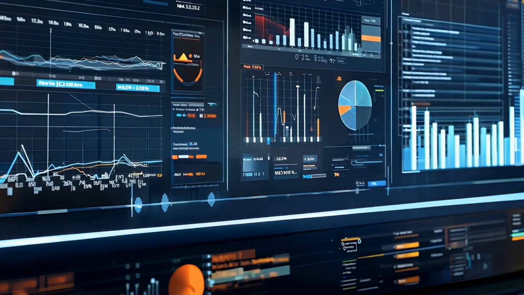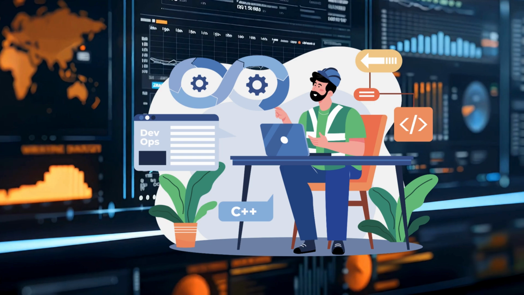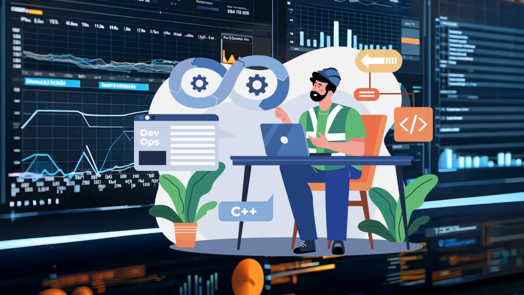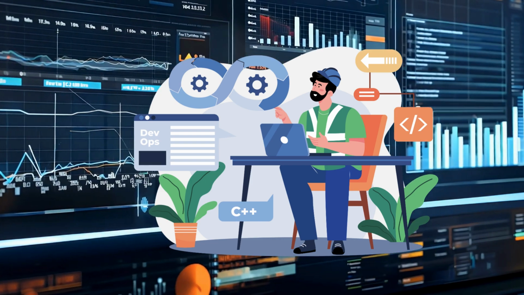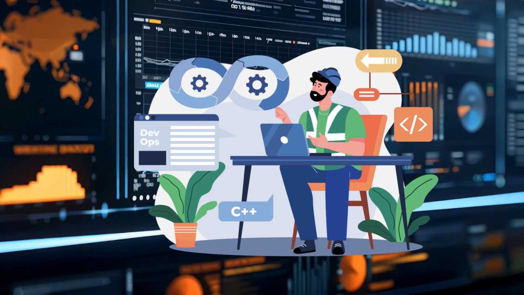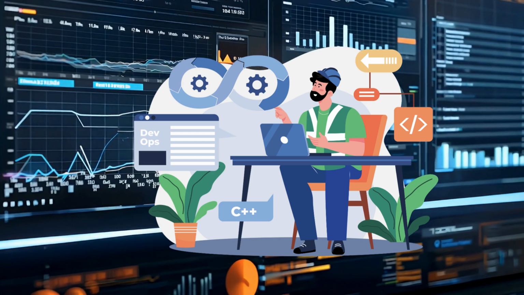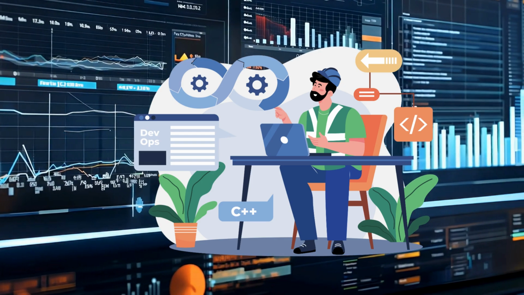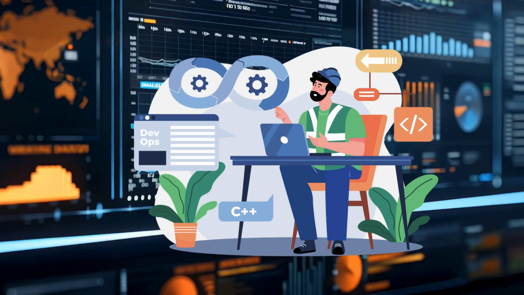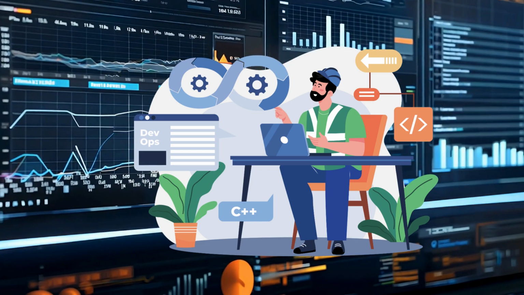And DevOps and SRE. Here it automates incident detection, alerting, and root cause analysis, right? So Splunk gives DevOps and SRE teams deep visibility into application performance, CI/CD pipelines, and incident timelines.